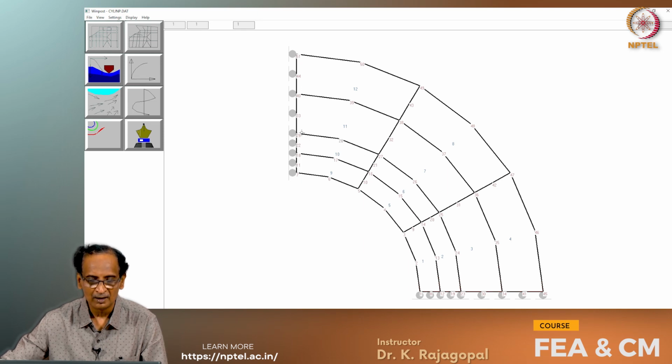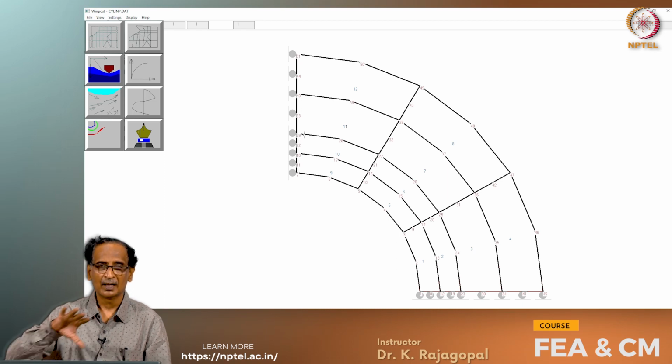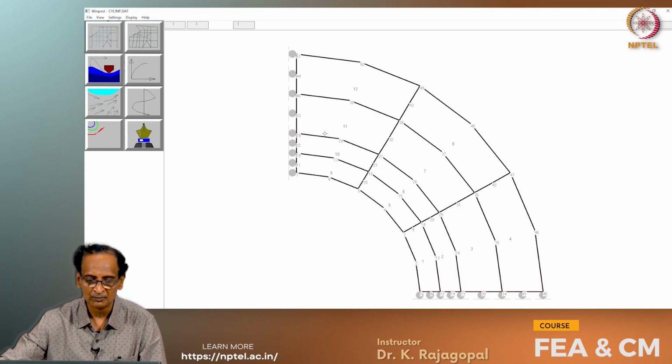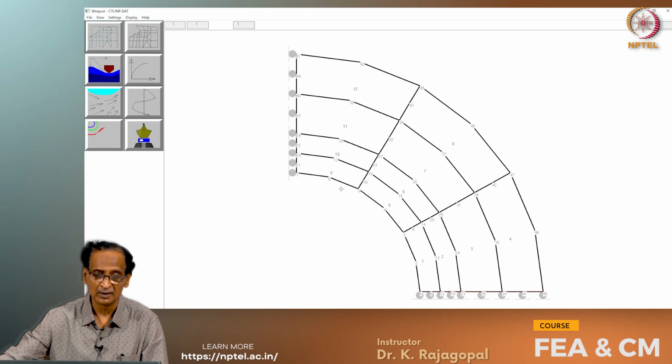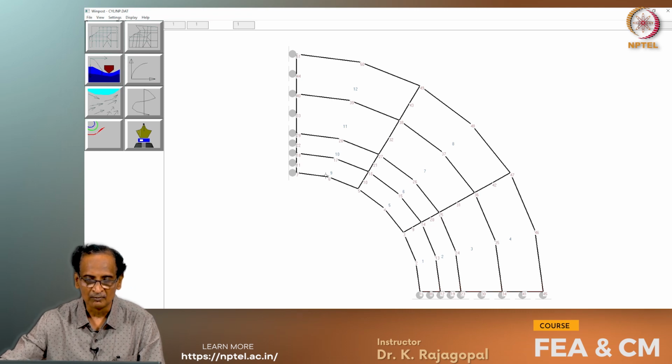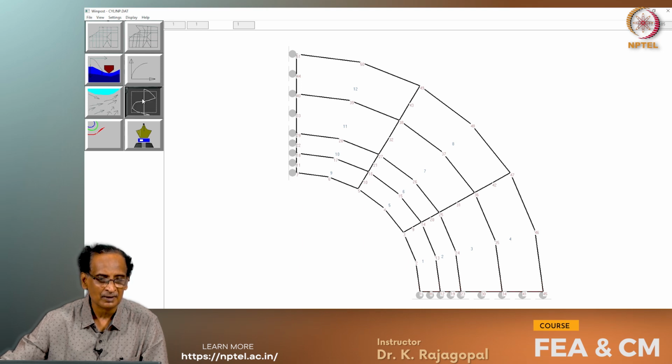This post processor does not have the capacity to draw curved lines, it is just simply drawing straight lines between all the points. But inside the finite element program, it is a pure isoparametric element, so it will consider a curved surface. We have totally 12 elements, and these are all the nodal points, and let us see how the stresses have varied.